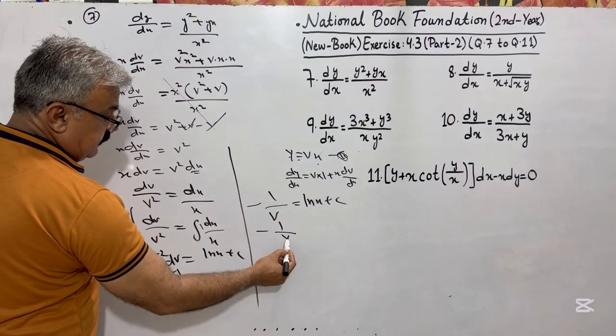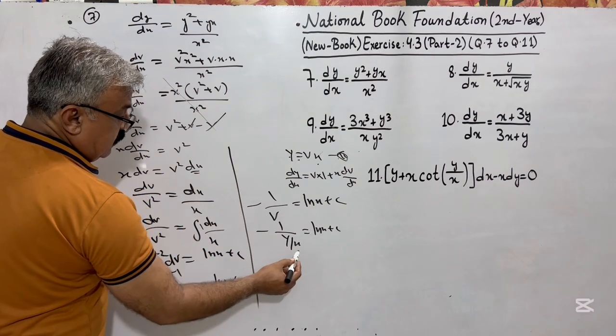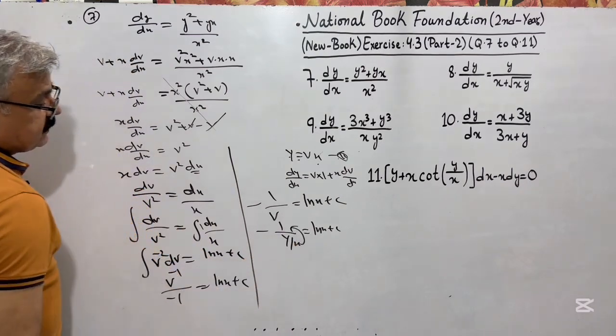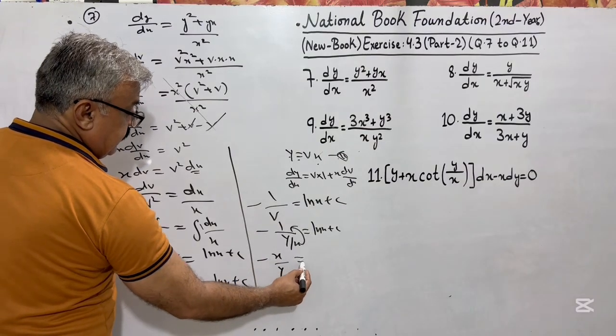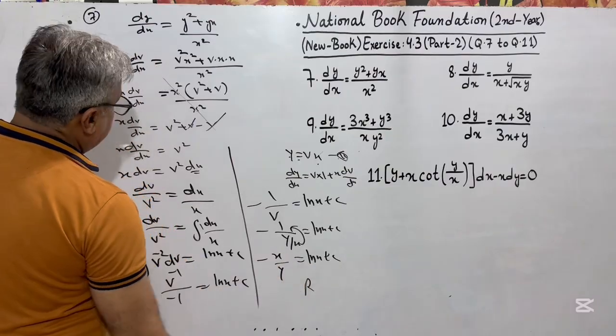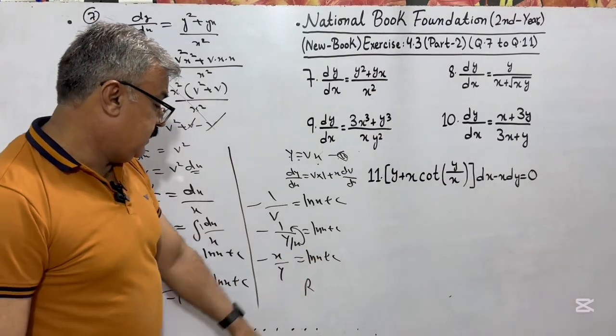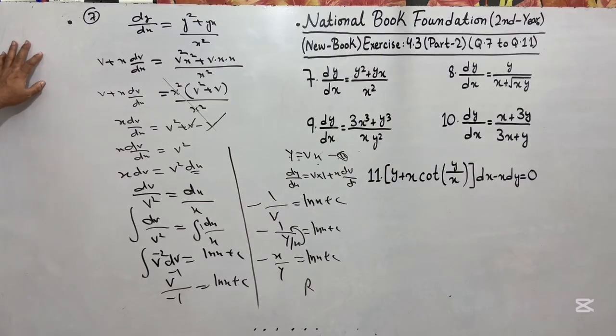This is minus 1 over y over x is equal to ln x plus c. Owing to double division, x will be in the numerator. We have minus x over y is equal to ln x plus c. Leave it here or shift xy on the right hand side. It's cool. That is the solution of question number 7, differential equation.